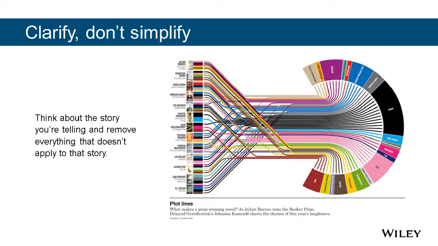Because death is this black section on the right, so it's clear that the plot most correlated with winning includes some death. And doing that would focus in on relevant, interesting data, and it would tell a much more specific story, and a story that has a much stronger point of view than simply presenting all of this data in a way that's very inaccessible to read.